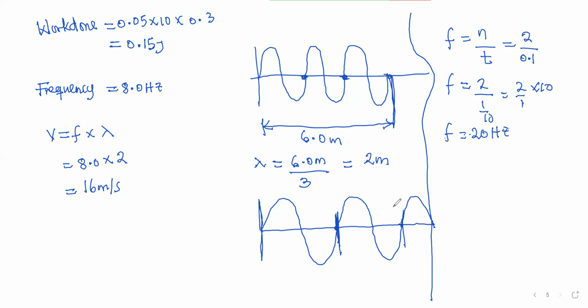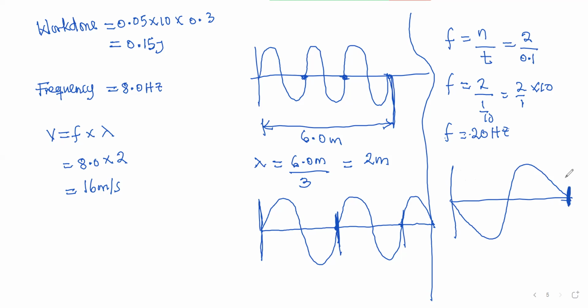Another way of looking at the same question is, what is the period? The period is the time taken to make a complete cycle. What is the shape of a complete cycle? A complete cycle from what we are given must be this shape. What is the time taken to make this shape?